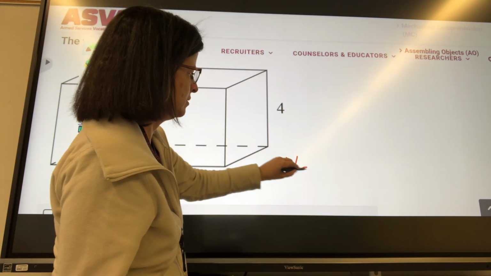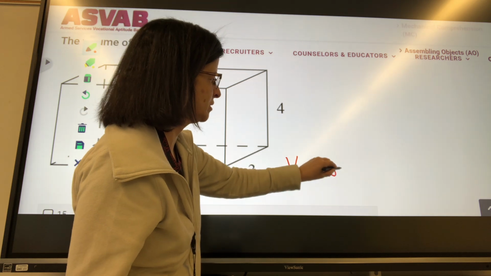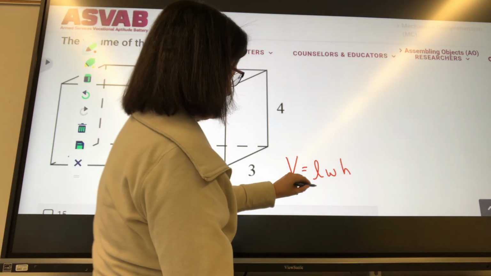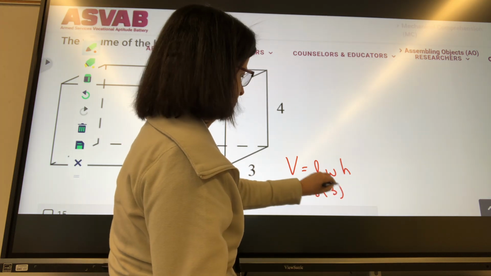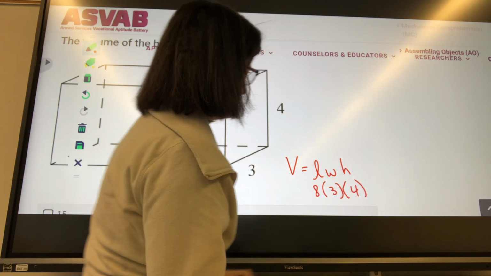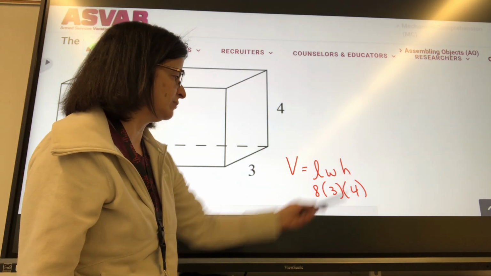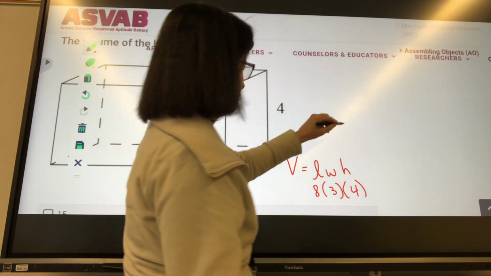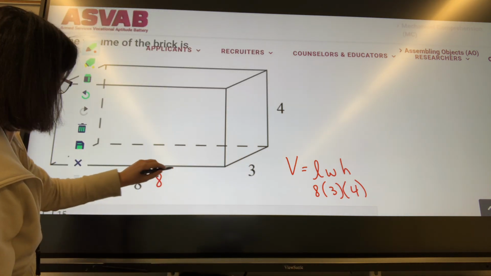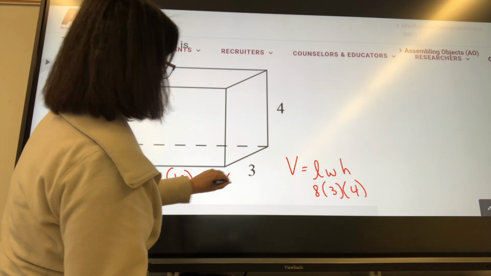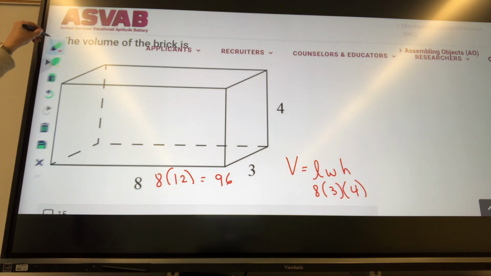So volume, in this case, is length times width times height, so 8 times 3 times 4. And now you can organize any way you want. In my case, I'll do 3 times 4 is 12, and then I would evaluate 8 times 12, which gives me 96. So my correct answer would be 96.